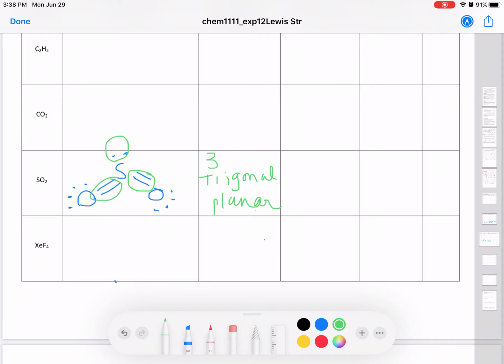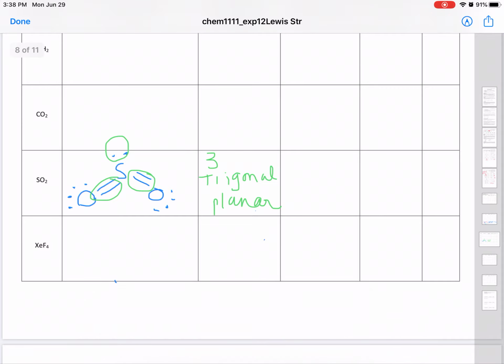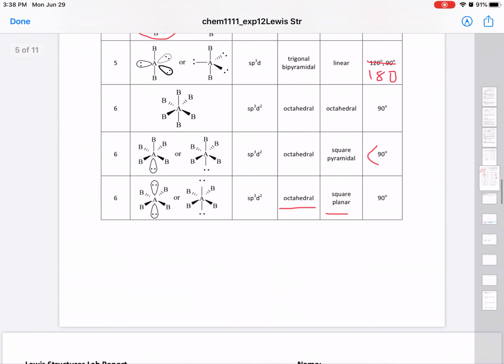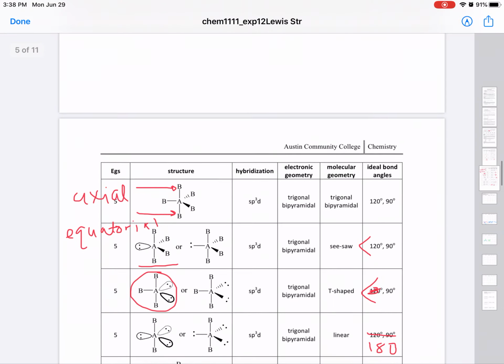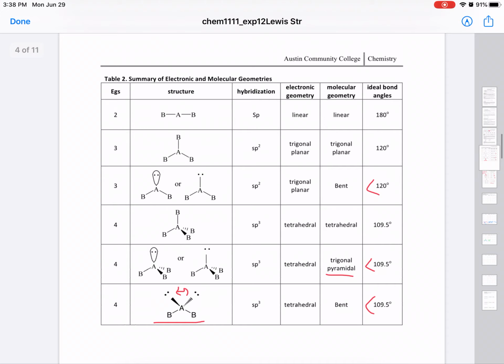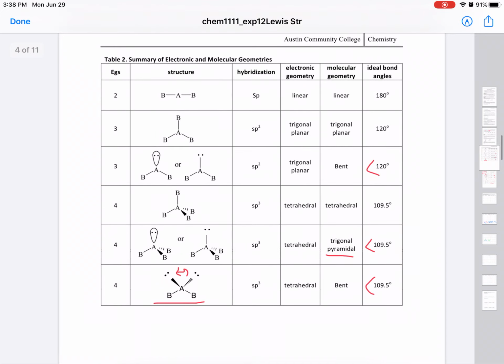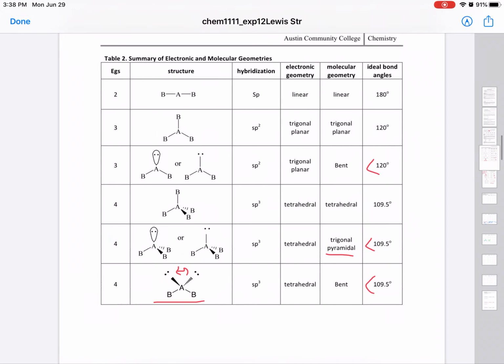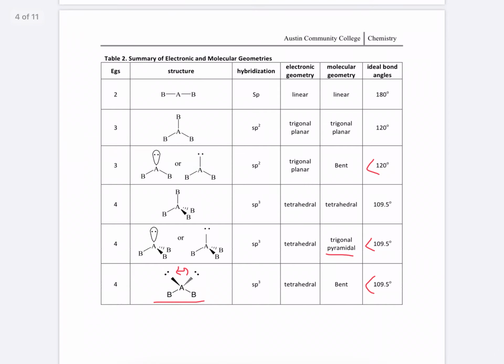And how do we find out the shape of the molecule? We can refer to the chart: trigonal planar, 3 electron groups, with 1 lone pair over here on this line. You see hybridization sp2, trigonal planar.